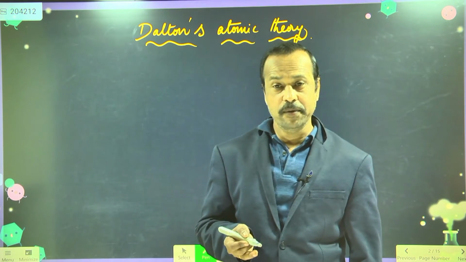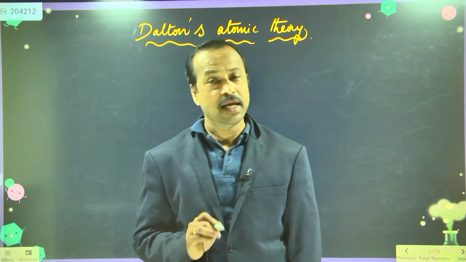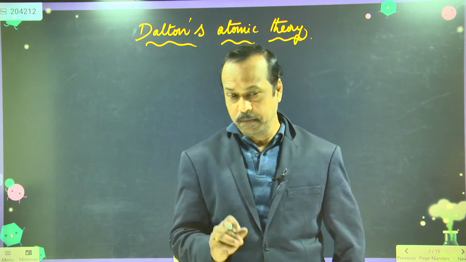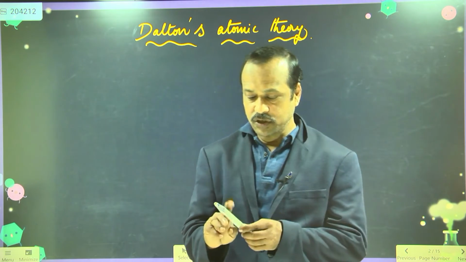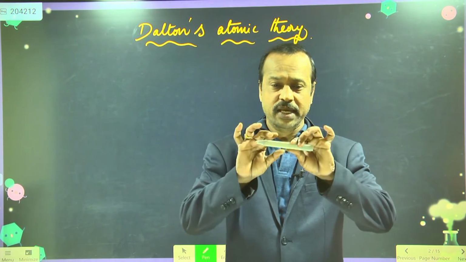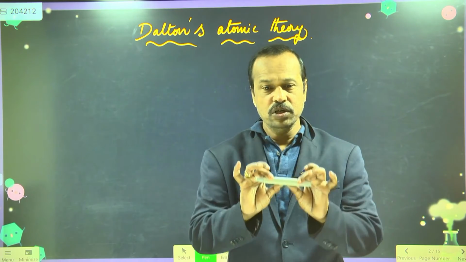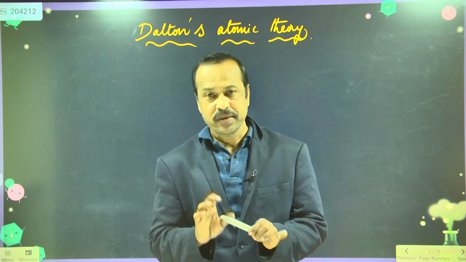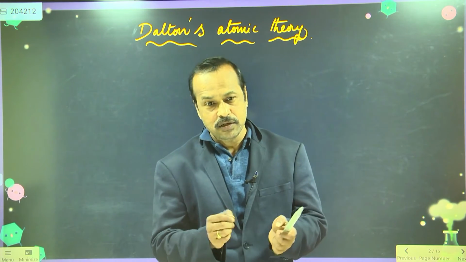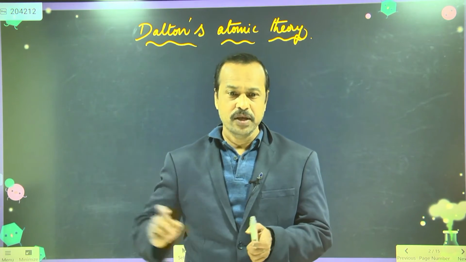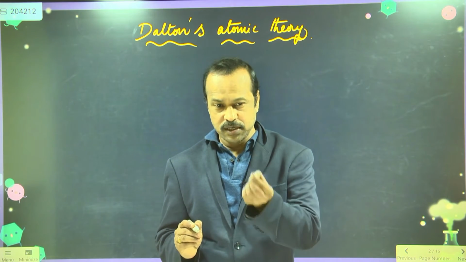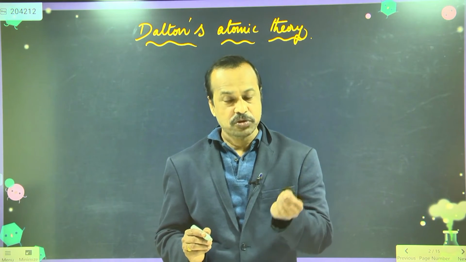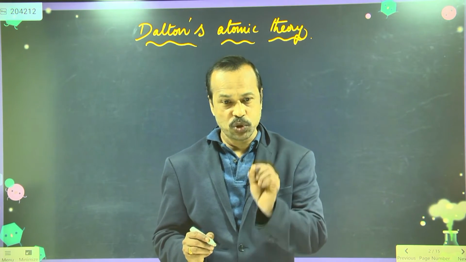Those philosophers had an idea that any matter is made up of tiny particles. If I have this object, I can break it. If I apply force, it can be broken into two pieces. Again I take one piece and break it. Continuing like this, finally a stage will come where we cannot break it further. Such an unbreakable particle is called an atom.